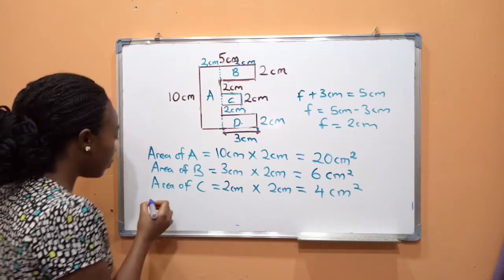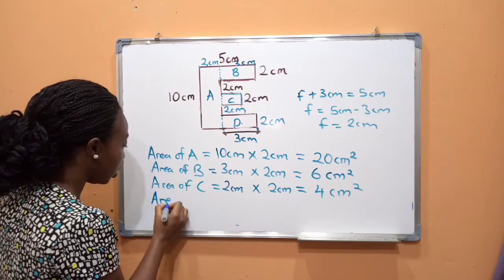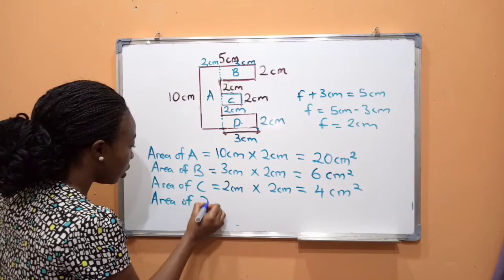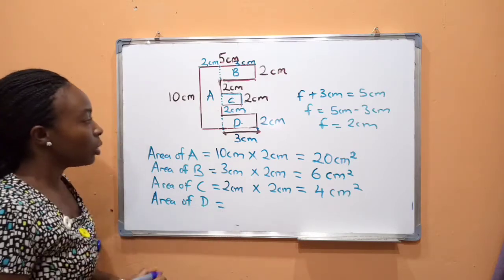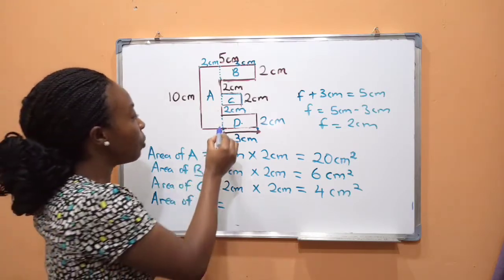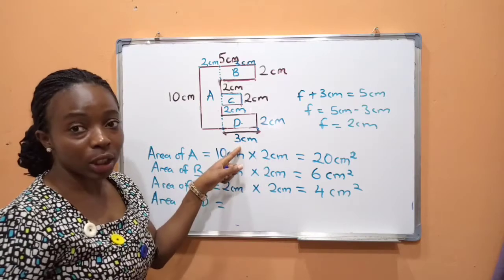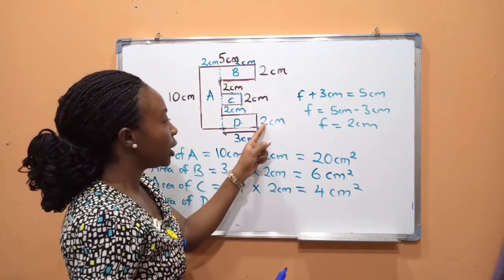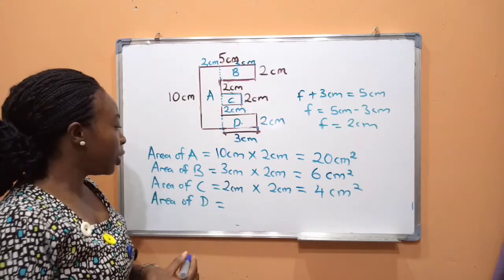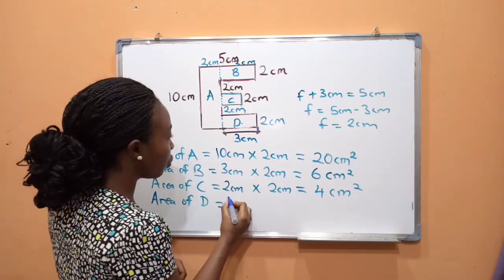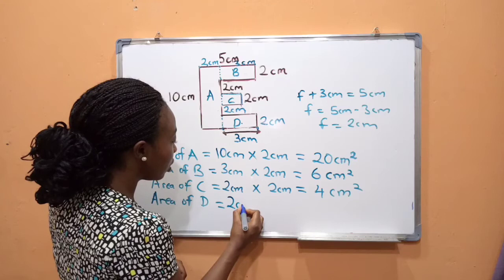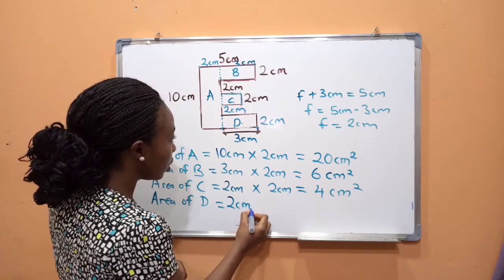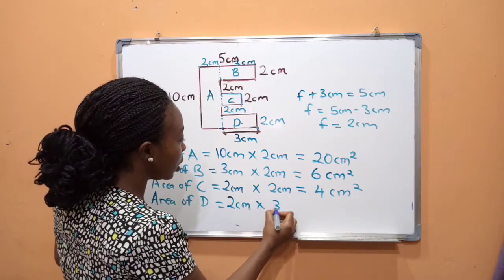Now the area of D is going to be equals to, from here to this point is 3 centimeter, and then from here to here is 2 centimeter. So what we simply do, we say 2 centimeter times 3 centimeter.